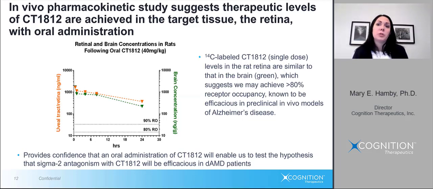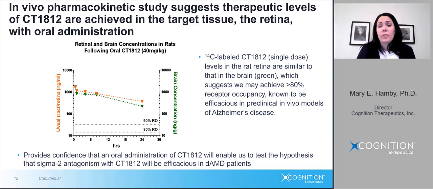We took C14 labeled CT1812, gave it via oral administration to the rat, and did a pharmacokinetic study where we asked what the drug levels were in both brain and retina tissue, shown in orange, over time. Notably, the exposure levels in the retina were quite similar to those in brain. And this is really exciting.